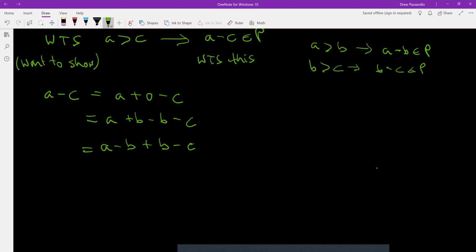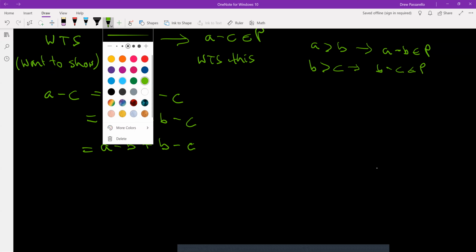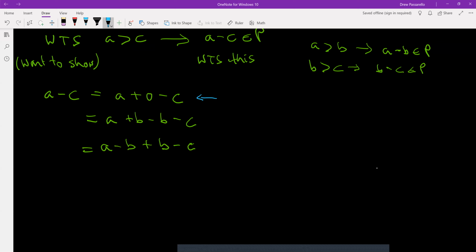All right, so first thing is I just brought in the additive identity 0, and I wrote it as B minus B because these are additive inverses that add together to give you 0. And now I'm doing commutativity, just switching the order. I won't do this for all proofs, but since this is the very first one, I'll be very descriptive.